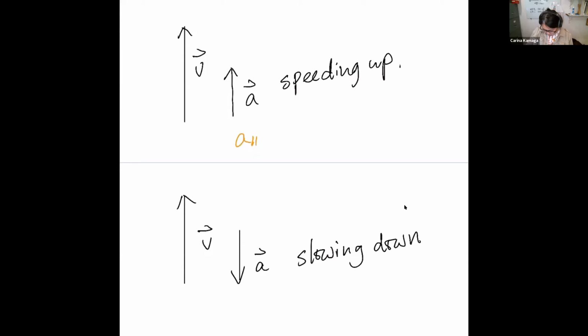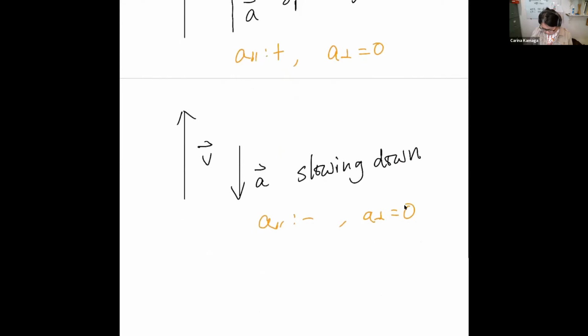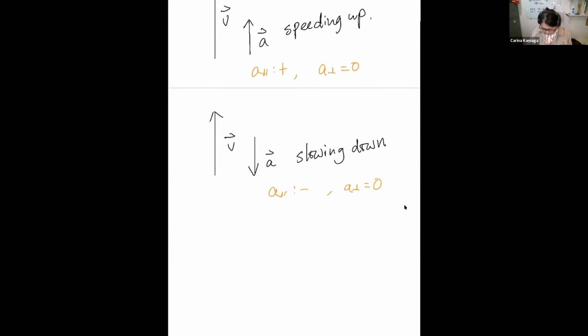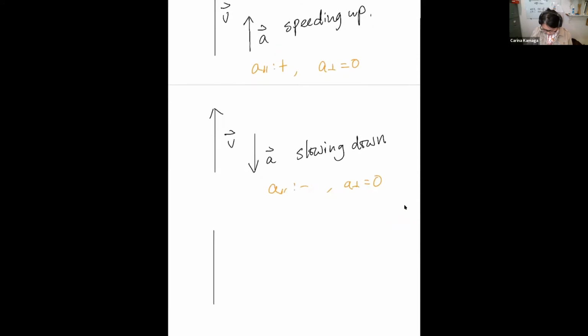A parallel is positive, A perpendicular is 0. A parallel is negative, A perpendicular is 0. And then in this case, you have A parallel is 0, but A perpendicular is pointing to the right.